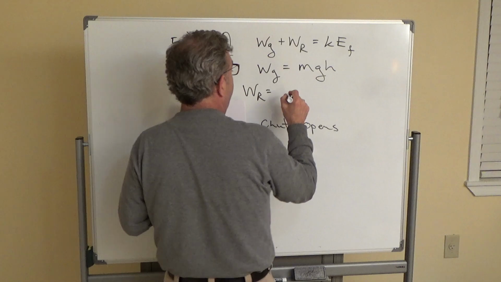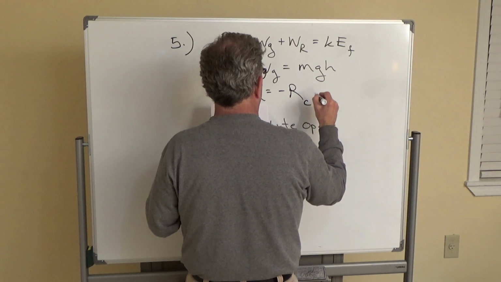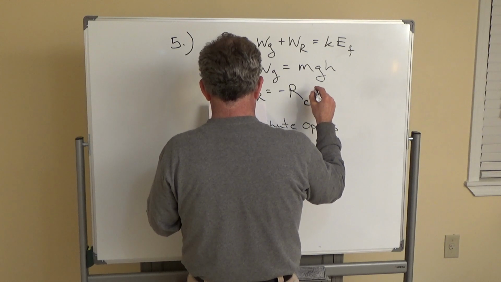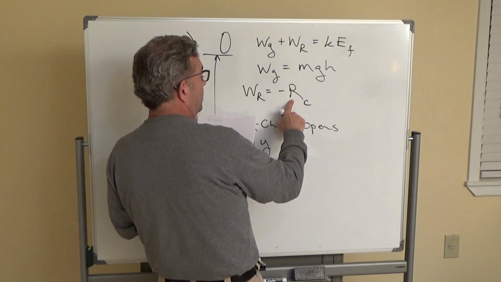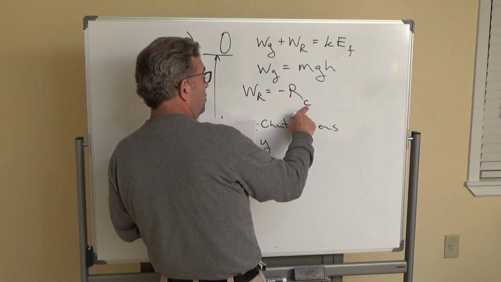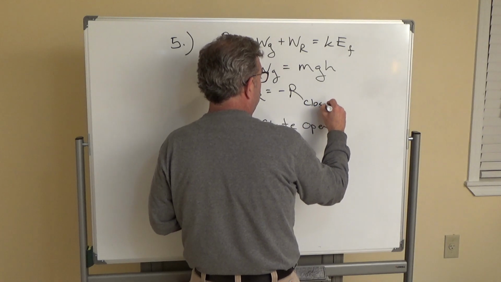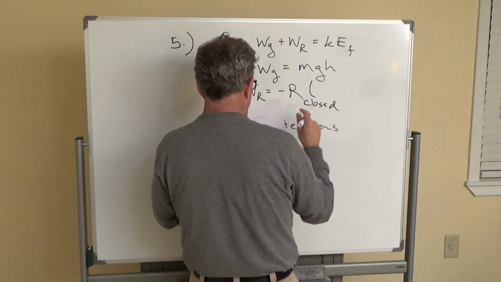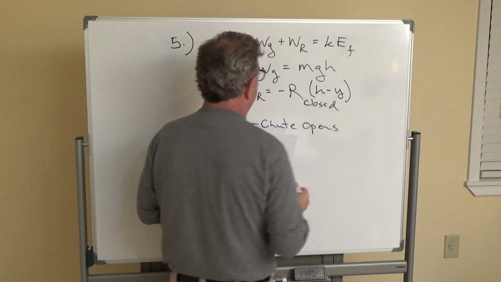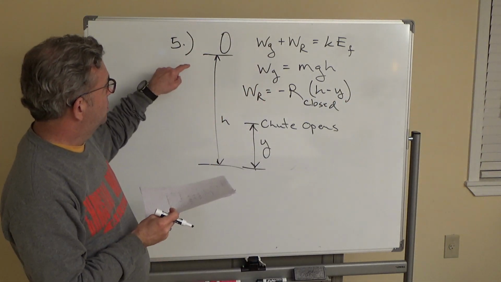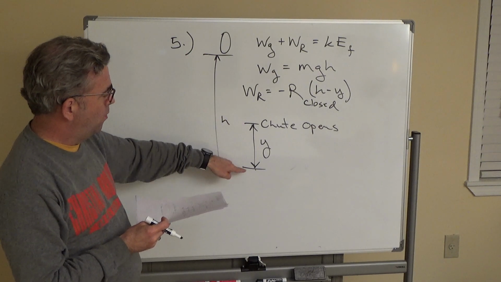So you get a negative R, I think I called it RC, and that's the resistive force with the chute closed, times H minus Y. That is that distance. That's H minus Y.